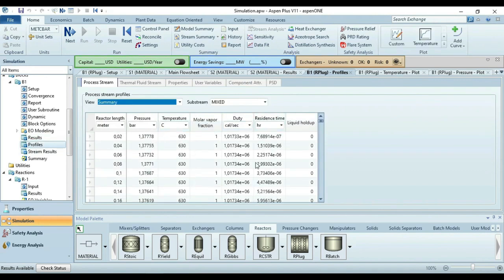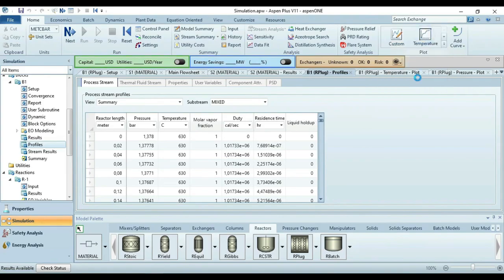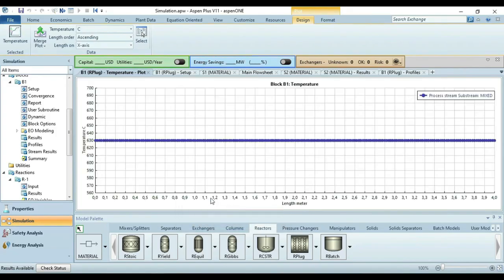Here in profiles of the model, we can check the variation of pressure, temperature, molar vapor fraction, and other variables. We also can plot all these variables for checking their behavior. Let's first plot the temperature along the reactor length. You can check here that we don't have a variation of temperature because we selected to keep the temperature constant at the inlet temperature in the model of our reactor.